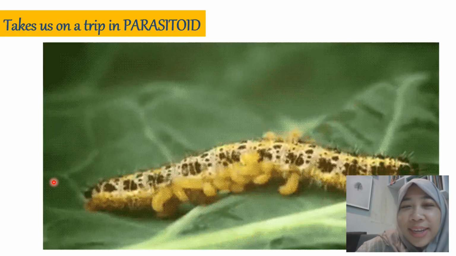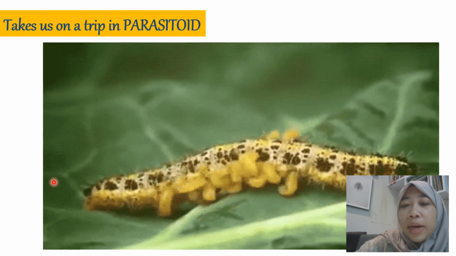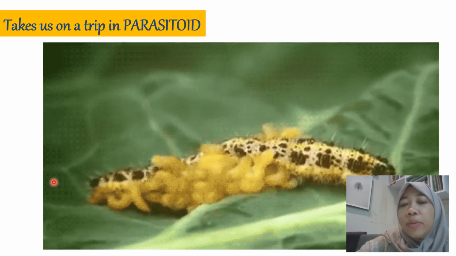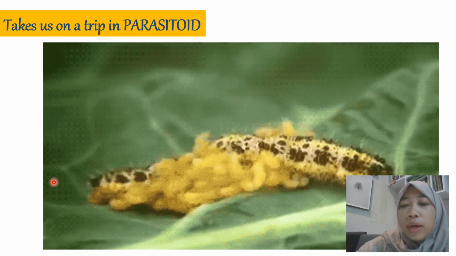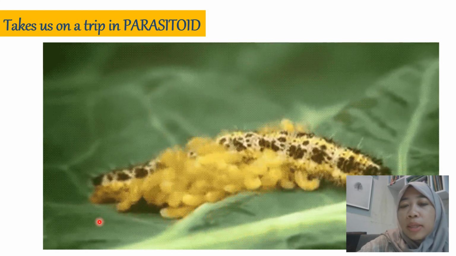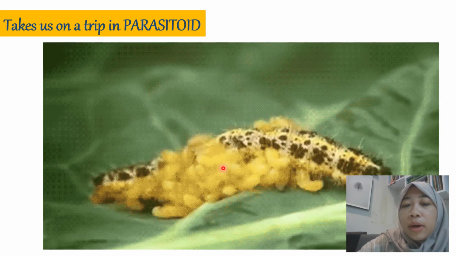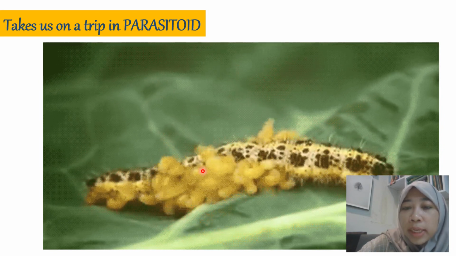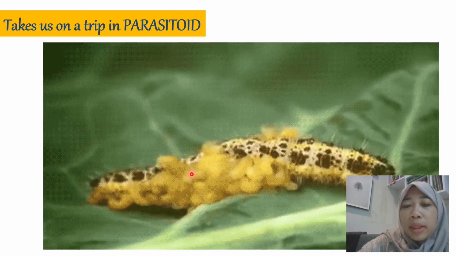This is interesting. This is the endoparasitoid, yeah, endoparasitoid. We will watch the full video maybe on Zoom. Yeah, this is how the last instar of the larvae comes out from the host body of the insect, and then they will pupate.